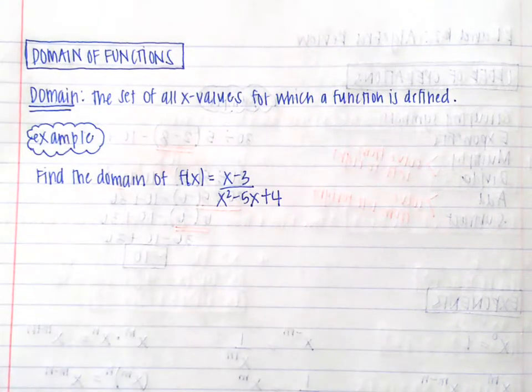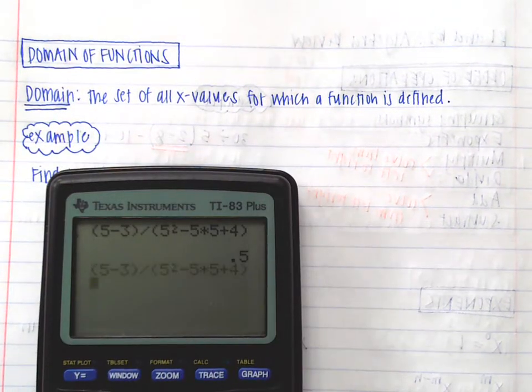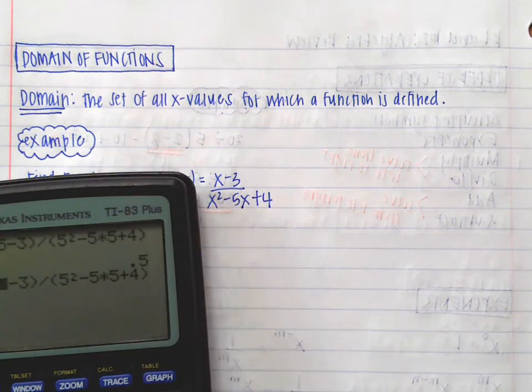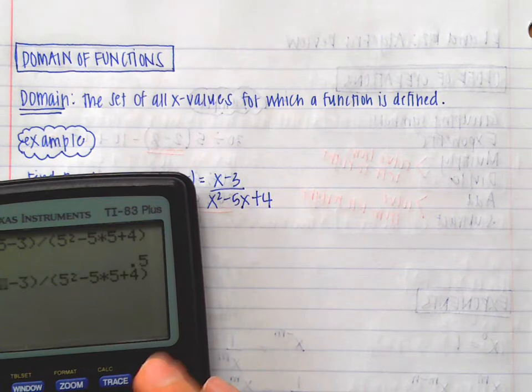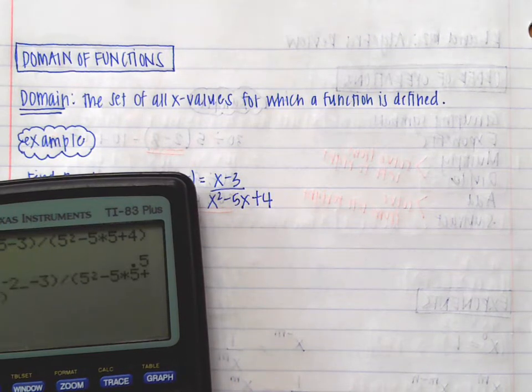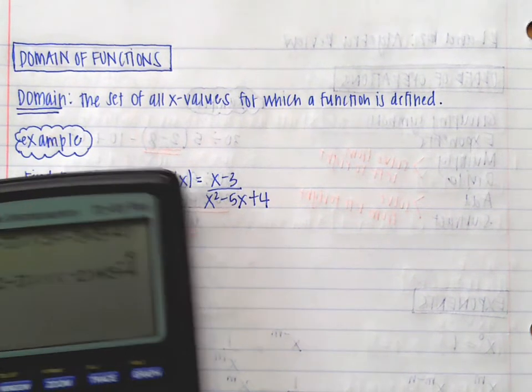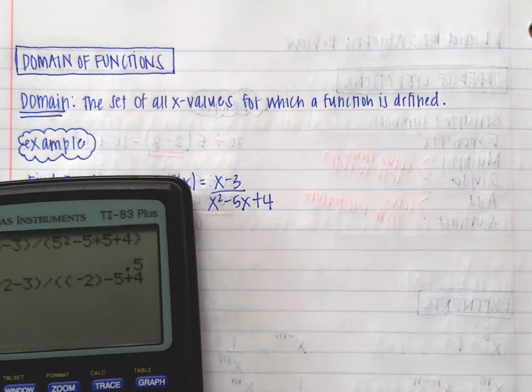I can plug in probably a negative number and I still get the same thing. Let's say -2. I'm just going to have to redo this, minus 5 times -2 plus 4. I didn't even put the squared there.